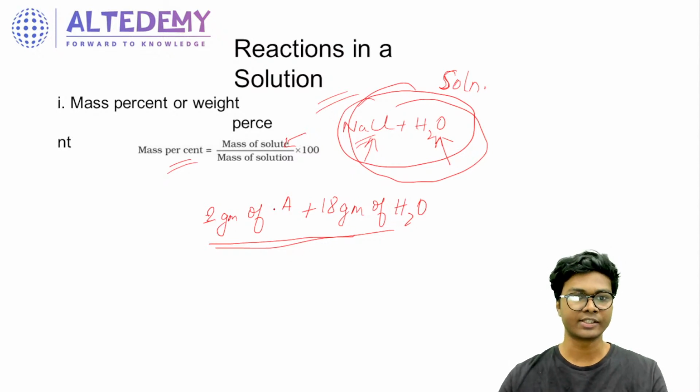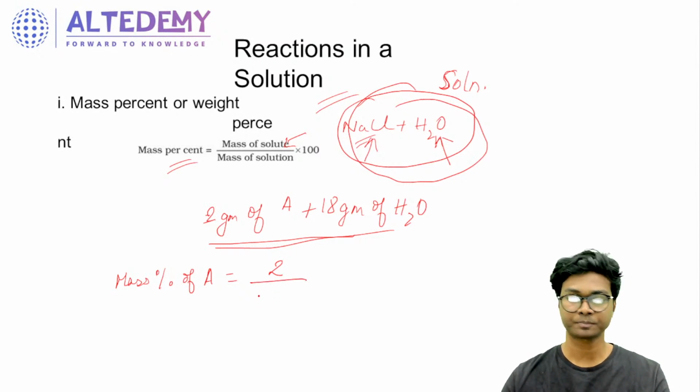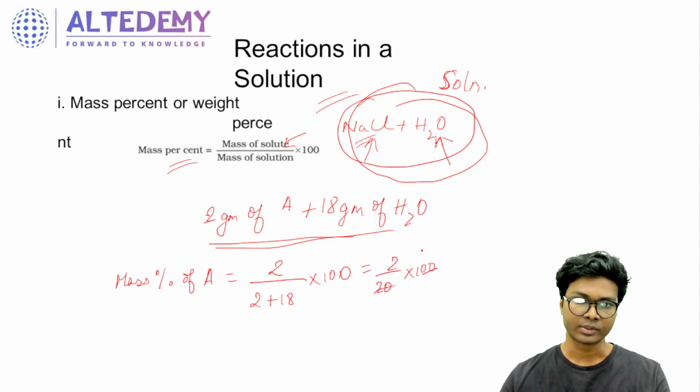If we want to find the mass percentage of A, we divide the mass of solute, which is A, 2 grams, by the mass of the solution, which is 2 plus 18, times 100, which is 2 by 20 times 100, which is equal to 10%.